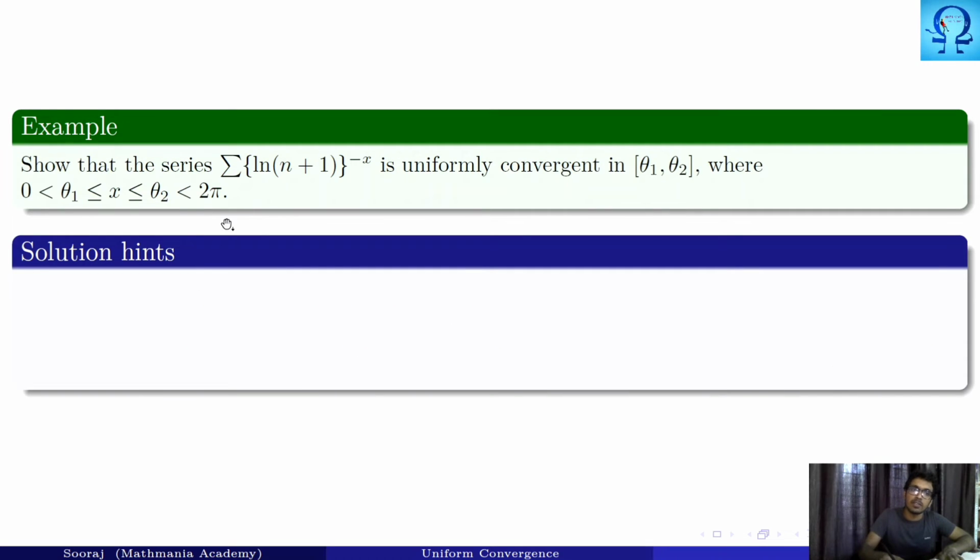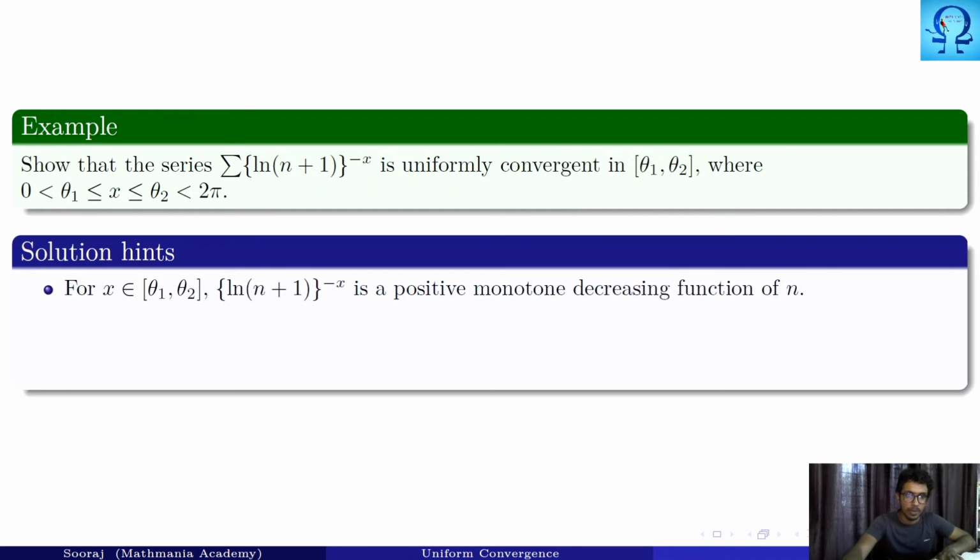And moving further, we have the next question, that is summation (log n plus 1) whole power minus x is converging uniformly in any interval theta 1 comma theta 2, where theta 1 and theta 2 lie between 0 and 2 pi. So we are not including 0 as well as 2 pi in this case.